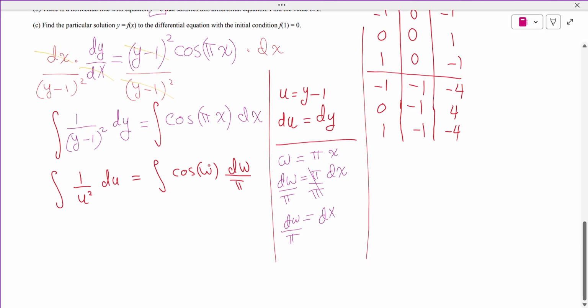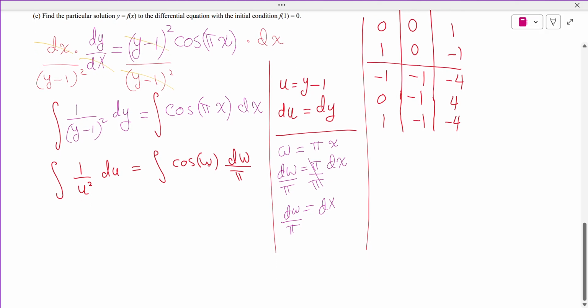We can rewrite the left hand side, bringing this one on top. So we will have the integral of u to the power of minus 2 du equals 1 over pi times the integral of cos of w dw.